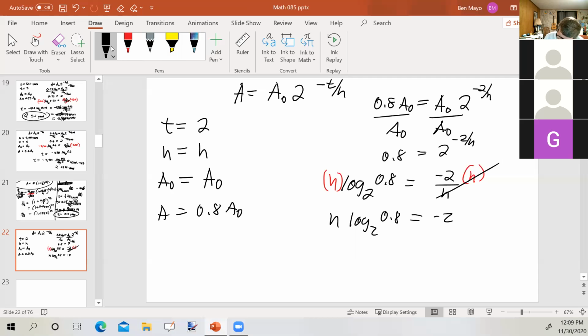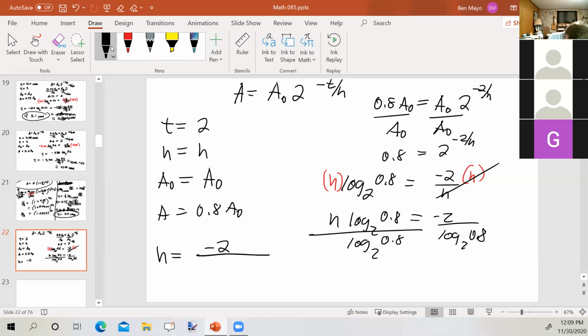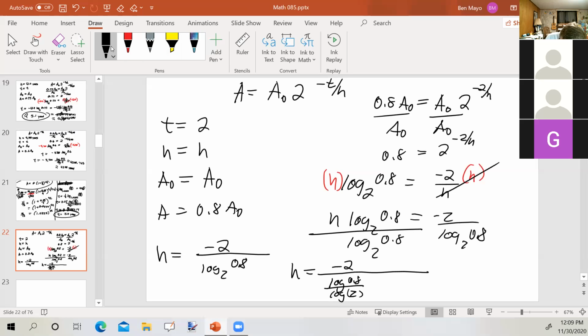But I need to solve for H. So now I'm going to divide both sides by log base 2 of 0.8. So H equals negative 2 over log base 2 of 0.8. Using the change of base formula, H equals negative 2 divided by log of 0.8 over the log of 2.